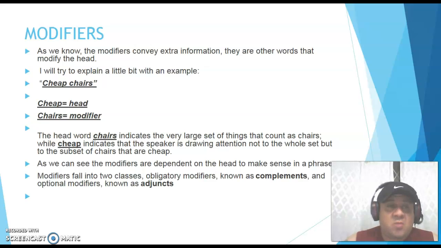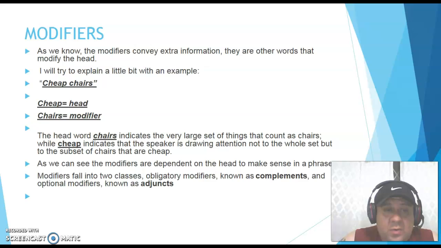Now, the modifiers. As we know, the modifiers convey extra information. In other words, they are words that modify the head. I will try to explain a little bit with an example. For example, cheap chairs. Chairs is the head, and cheap the modifier.